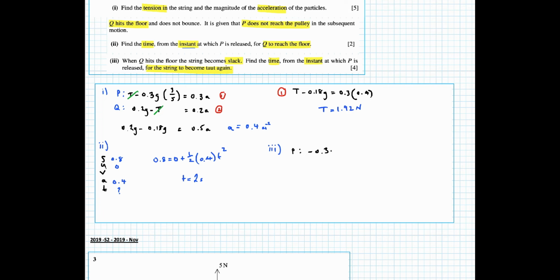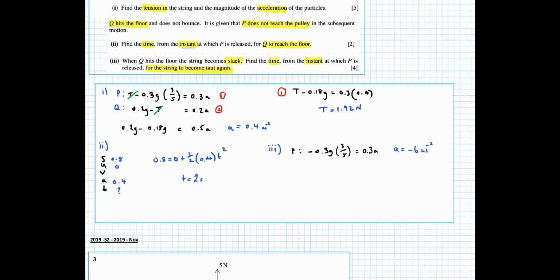So let's look at P first. So the tension has disappeared, basically. So we've minus 0.3g times 3 over 5. So back to the first equation that we did, at the top left. And that's equal to 0.3a. So from that we get our acceleration. So minus 6 meters per second per second.